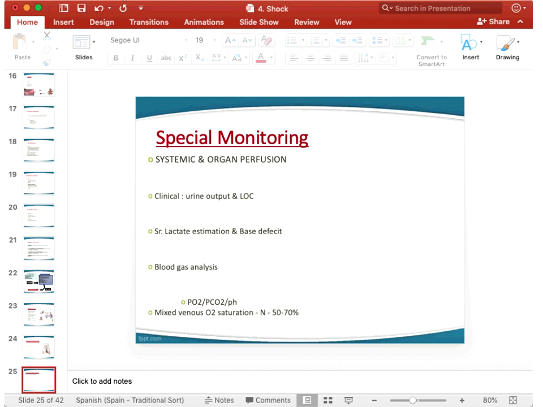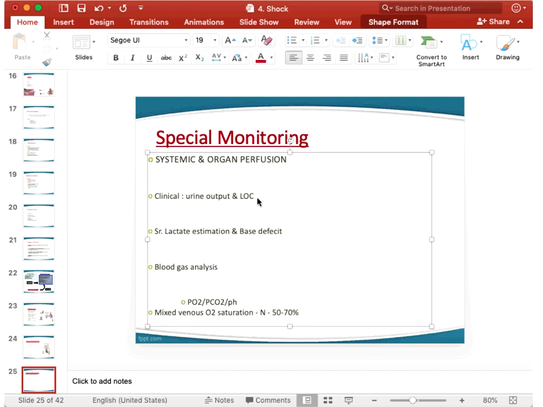What else? Well, you do a blood gas analysis to check the pH and the lactate, and very importantly, you need to check how much your patient is urinating. The best way to assess that is to insert a Foley catheter and measure everything.